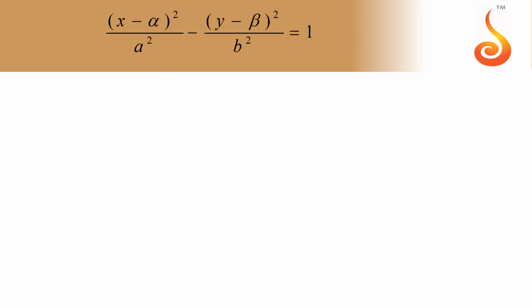Equal to b, it is called a rectangular hyperbola. This also no need to discuss here, because you know that for points you have to add alpha comma beta, for equations you have to subtract alpha comma beta, and for values no change.